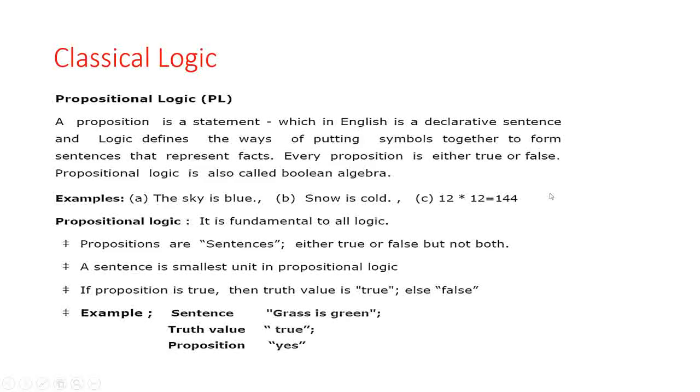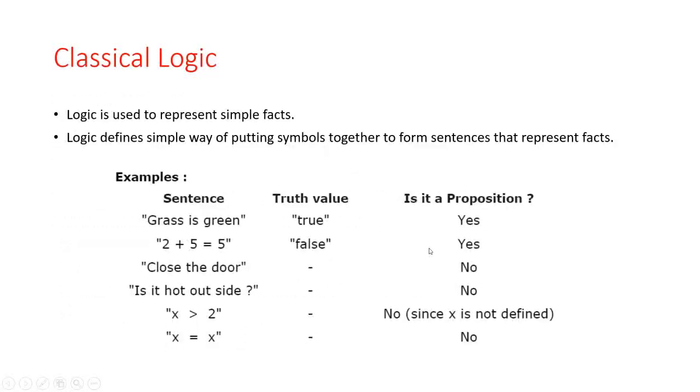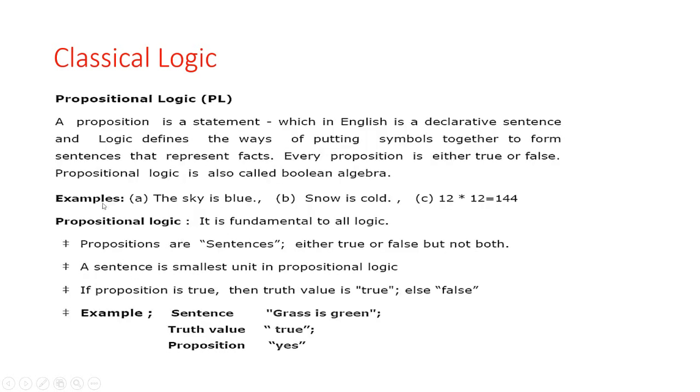The next is propositional logic. It is fundamental to all logic. Propositions are sentences that are either true or false, but not both. The propositions are in the true condition or in the false condition, but not both. The sentence is the smallest unit in propositional logic.